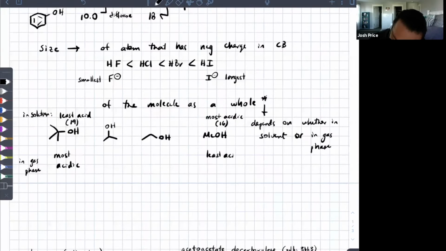And the reason for that is that when you don't have solvation to help you out, the molecule itself will start to compensate by allowing the negative charge on the oxygen to spread out through the whole molecule, in sort of an induced dipole situation.